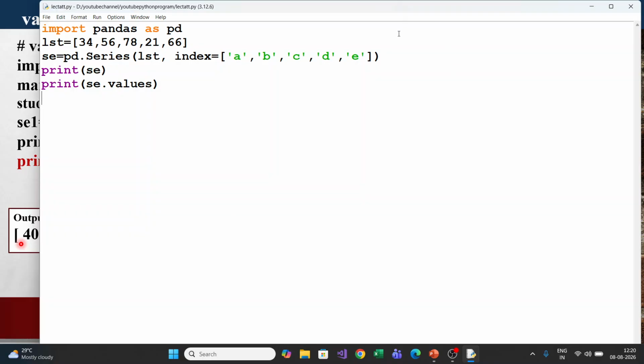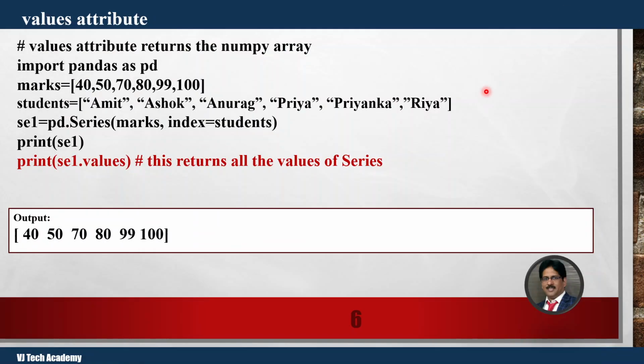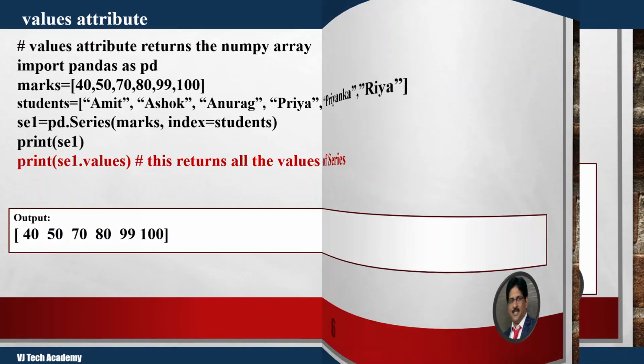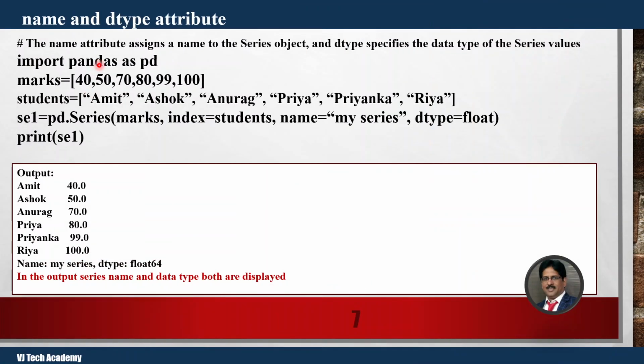Next, two attributes I am taking together here, name and dtype. Name attribute basically is used to assign a name to the series, and dtype basically is used to set the data type. You just see here in the marks list I have stored all the integer values.